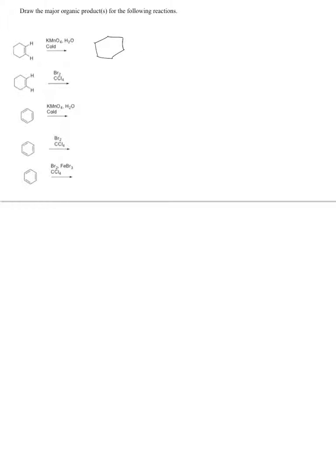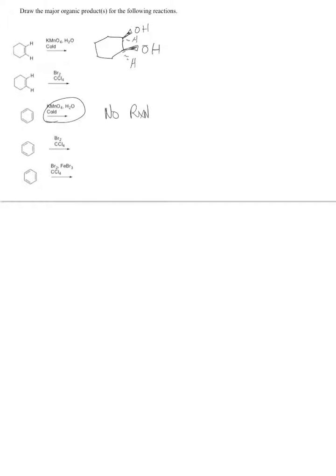And if you remember, you get cis dihydroxylation, so we make the cis diol. If you come down here with benzene and permanganate, the same conditions, with the benzene ring it is no reaction.